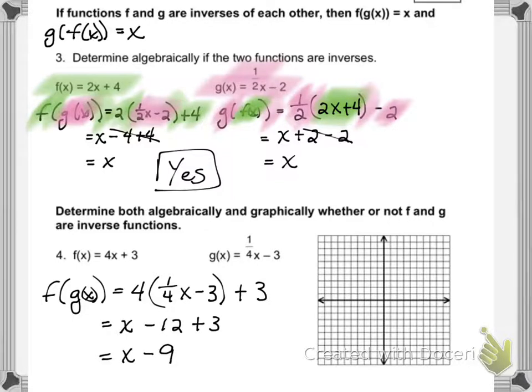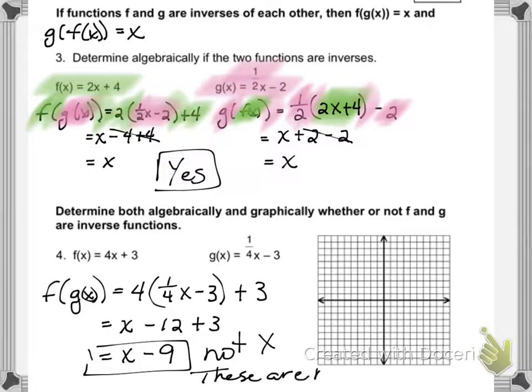Is that what we are supposed to end up with? No. Okay, that is not x. If we didn't end up with x, our answer is that these are not inverse functions. Okay, so these are not inverses.